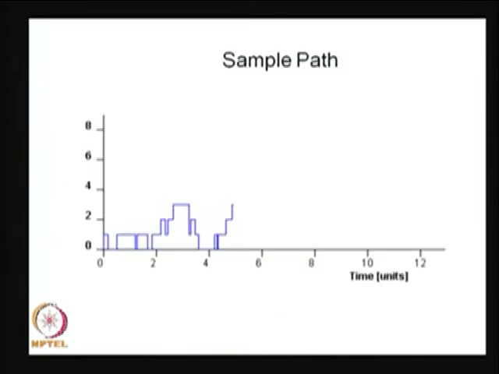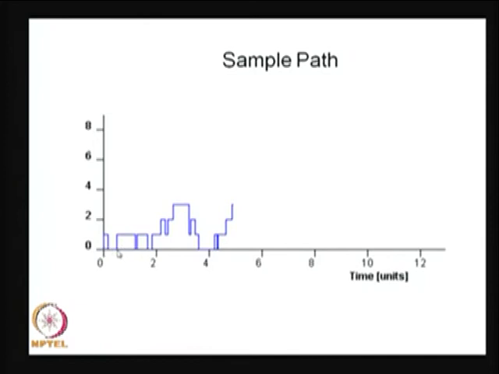So, this is a sample path. Suppose at time 0 one customer is in the system, then service is over, then the second customer enters into the system. Now, the number of customers in the system is 1 and so on. So, this duration is the service time for the first customer, and from this point to this point, that is the inter-arrival time of the second customer entering into the system, and from this time point to this time point, that is the service time for the second customer, which is independent of the service time for the first customer.